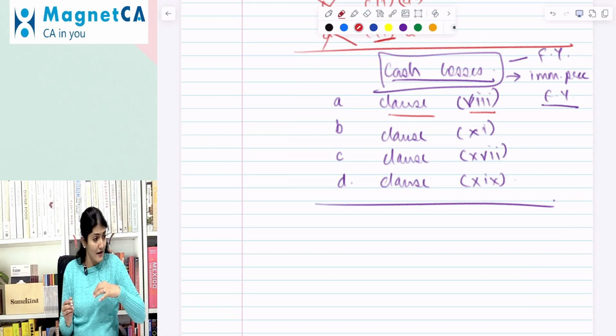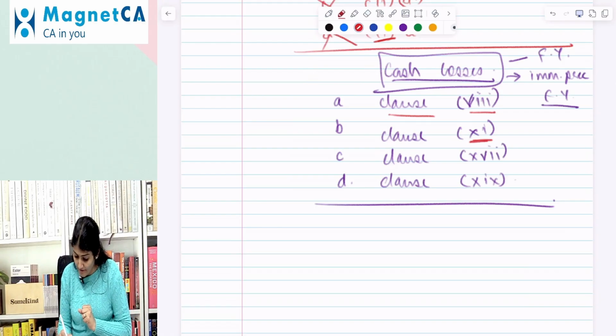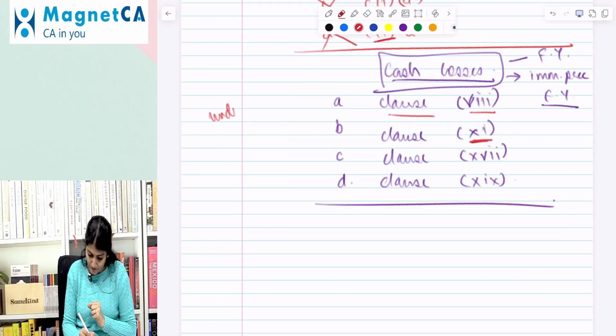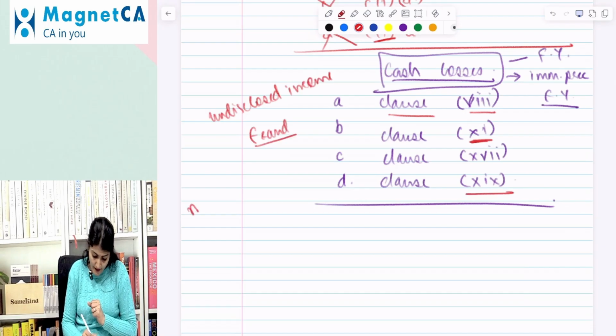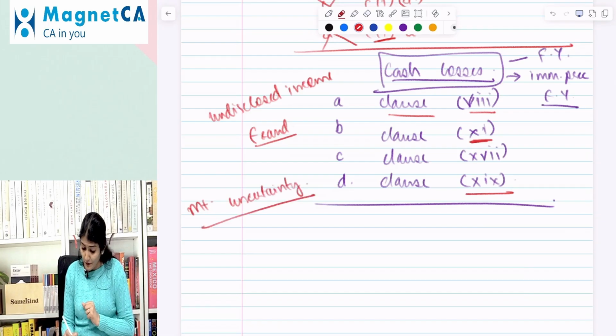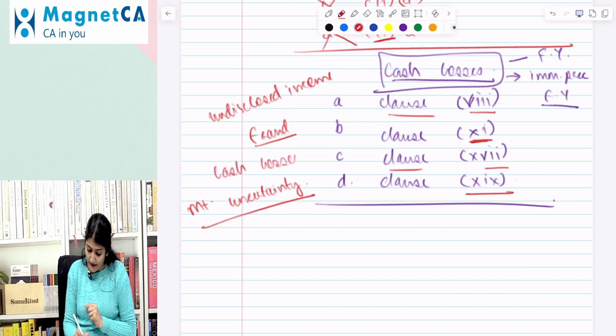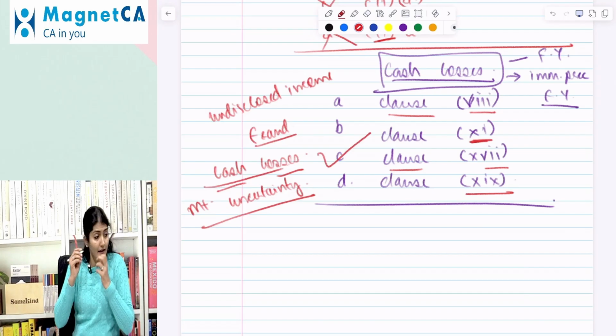Clause 8 is regarding undisclosed income. 11 is regarding the fraud. 19 is regarding the material uncertainty regarding the ability to meet the liability. So clause 17 is regarding the cash losses.